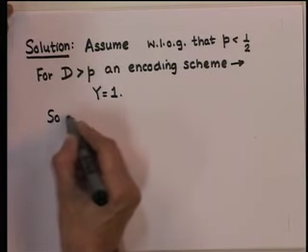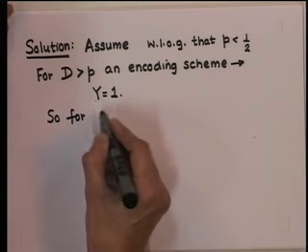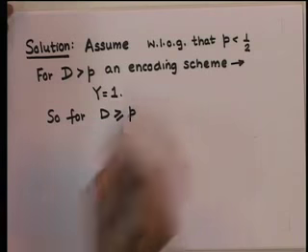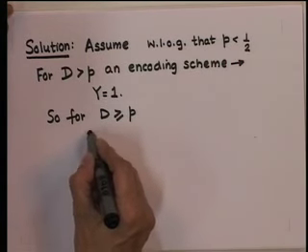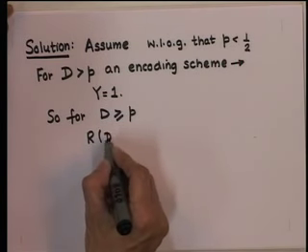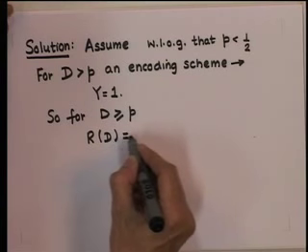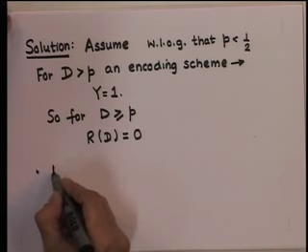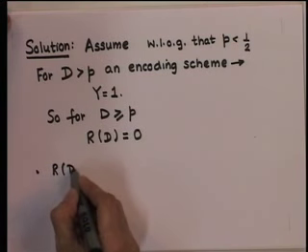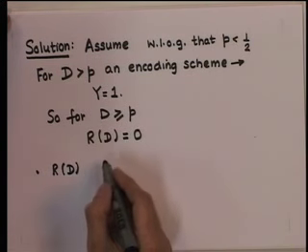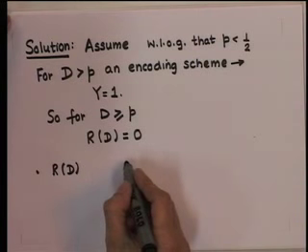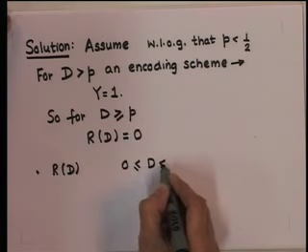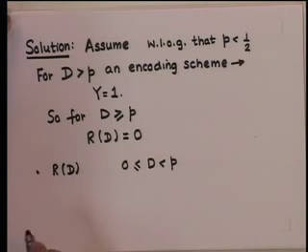So, for d greater than or equal to p, we can say R(d) is equal to 0. Now, we will find the rate distortion function for the distortion range between 0 and less than p.